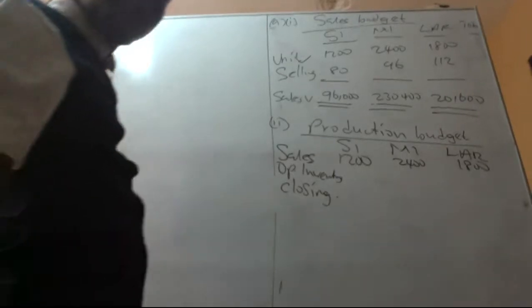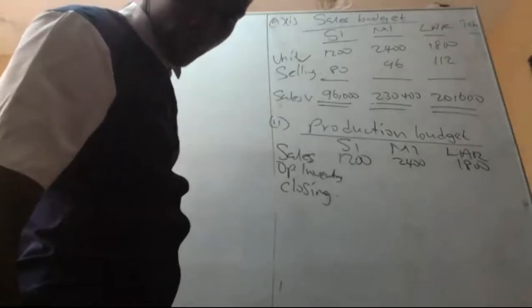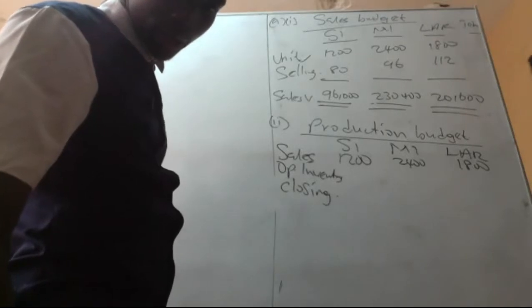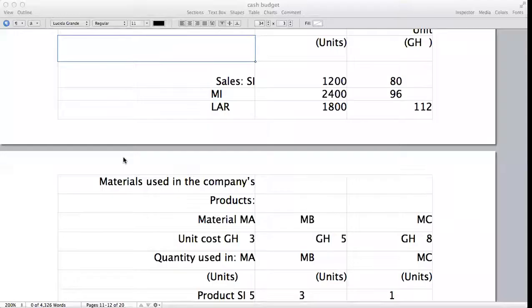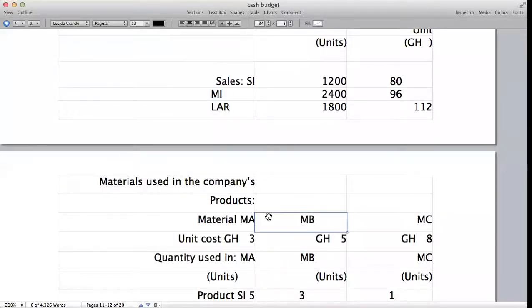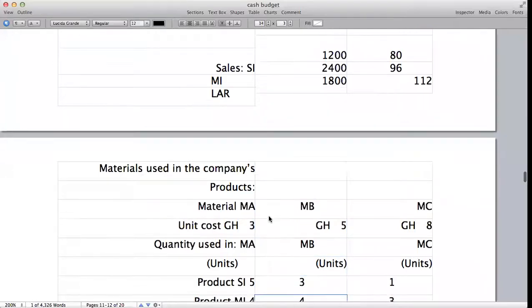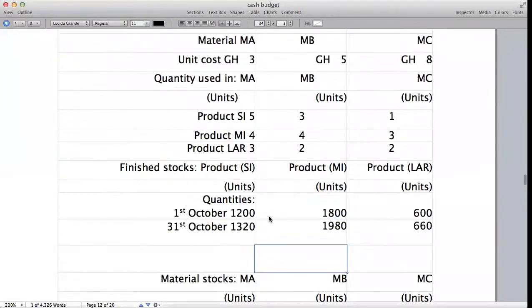Good. So let's go to the question and see if we can see it there. Okay, so that is it. Now let's go to finished stocks, products SI, MI, and LA.